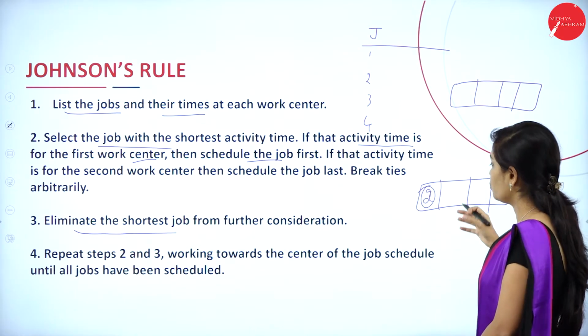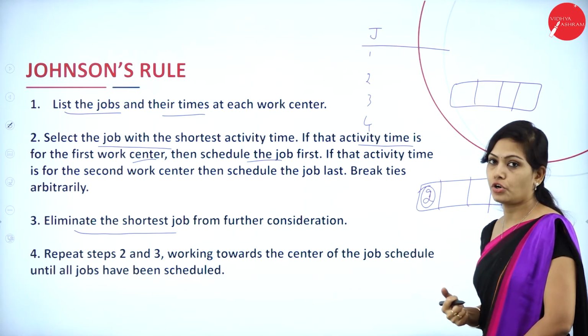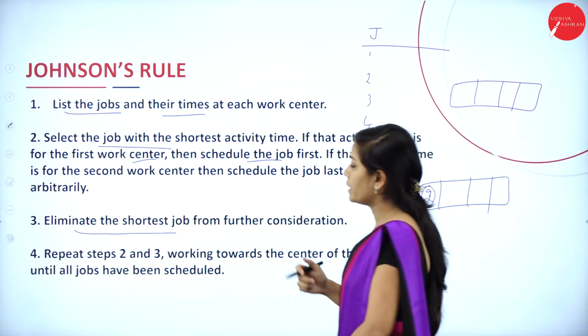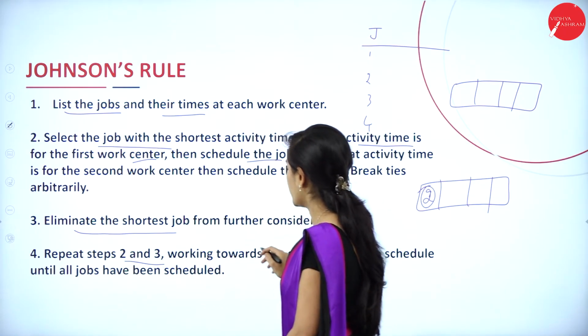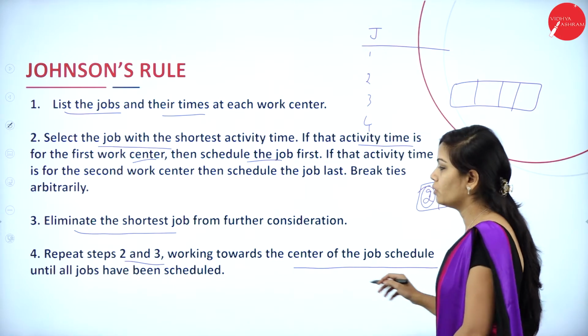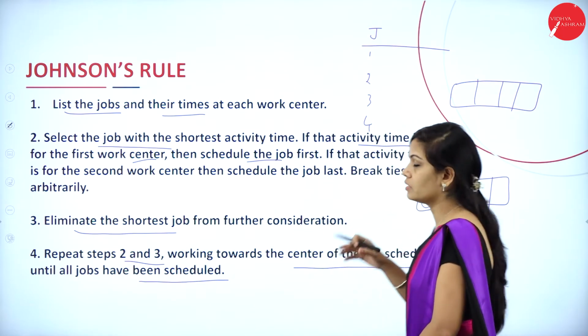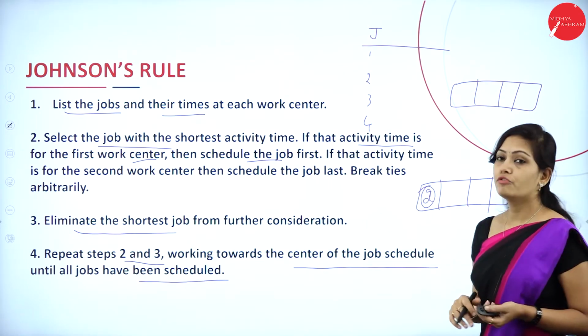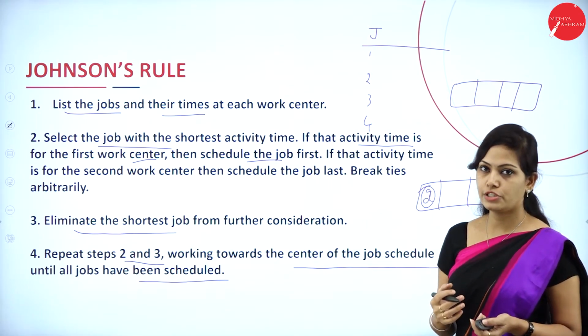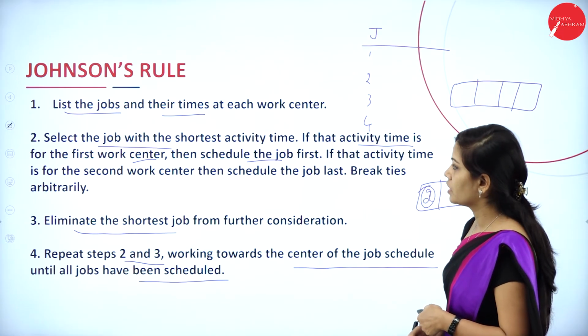Repeat steps 2 and 3, working towards the center of the job schedule, until all jobs have been scheduled. For that we can easily find the processing jobs on each machine.